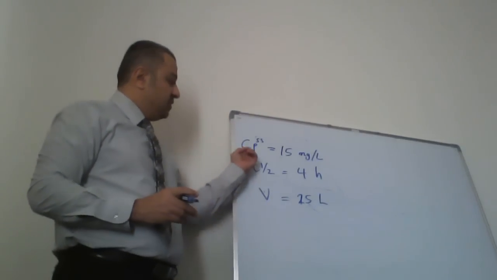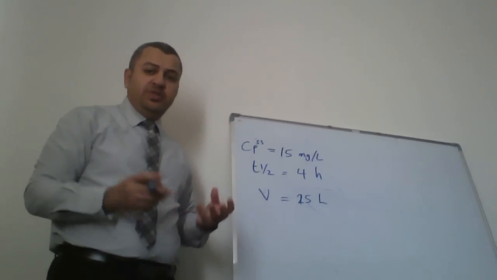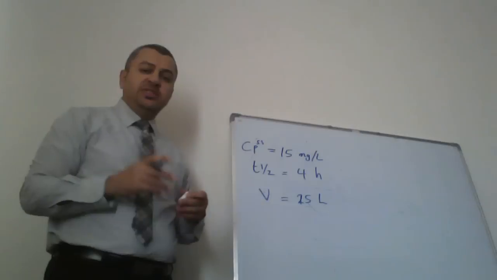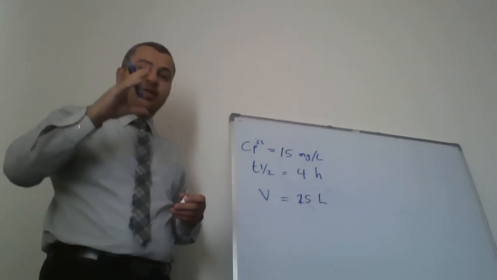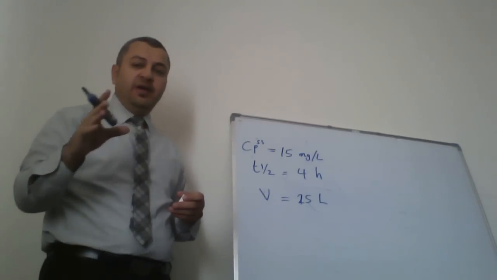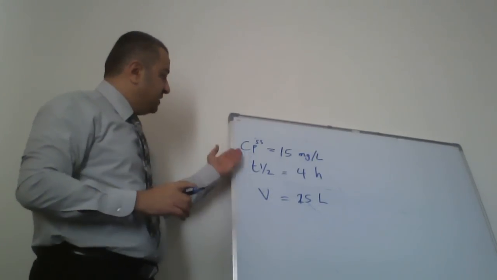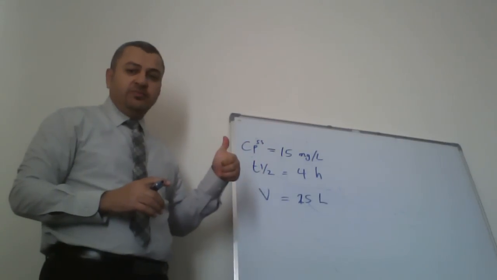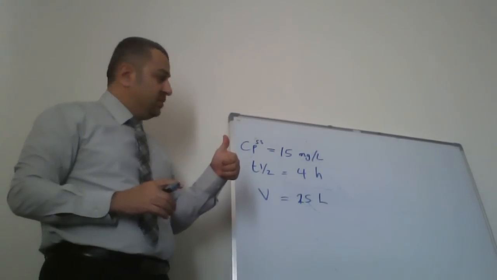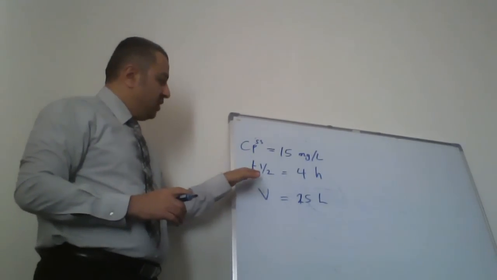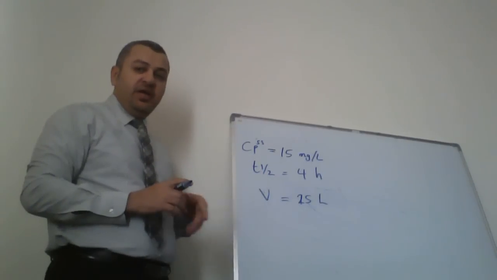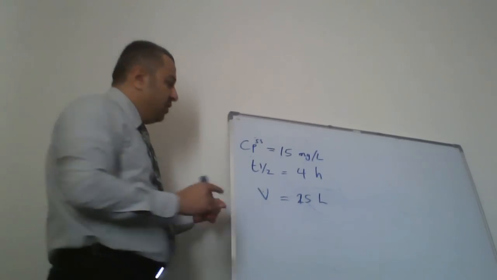Now, you know that Cpss, as we discussed previously, is equal to K0 divided by Kl/V. Everything is given except K0, which I need to calculate, and also Kl is not given directly. But if you look at the data given, you are given the half-life, which is 4 hours.